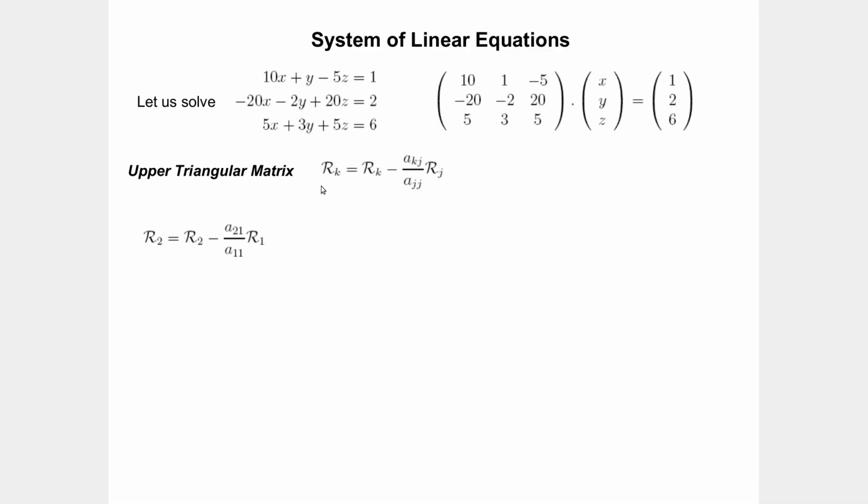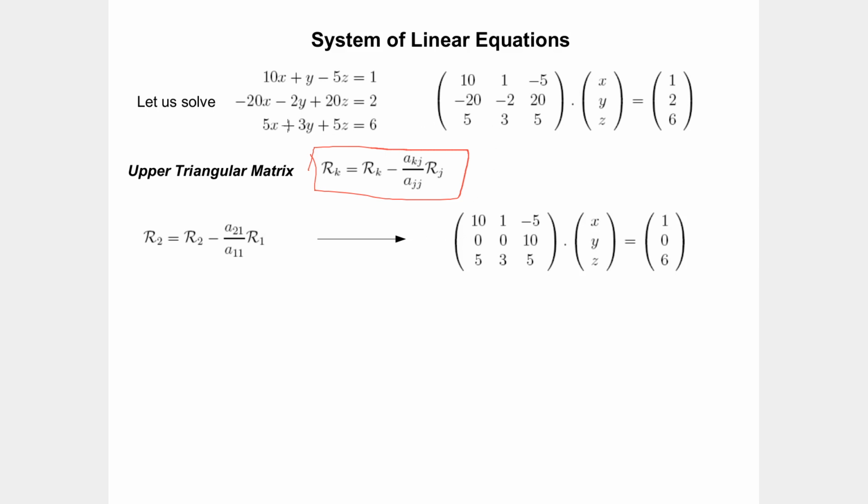What happened? This is the algorithm we were using for the upper triangularization. We are performing this first operation. After performing the first operation, we want to make this element 0. That element has already become 0, and then I am performing the next operation to make this element 0.